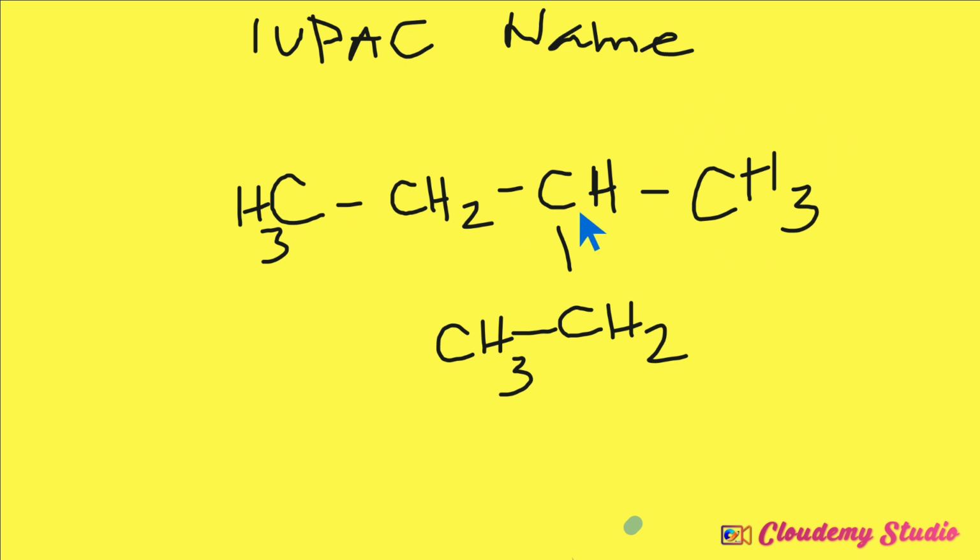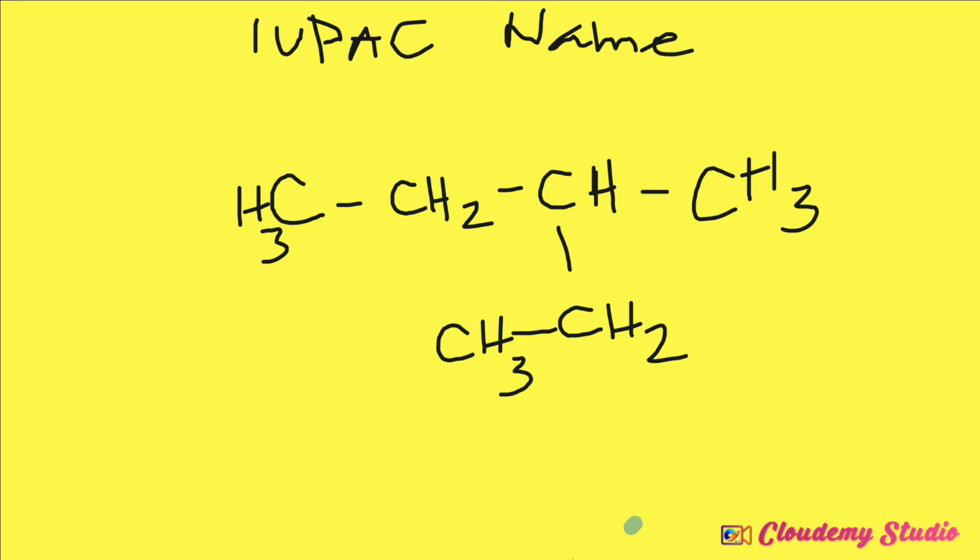While numbering the carbon atoms, there will be a conflict, because this is one end, the top end, and this is the other end, the bottom end.